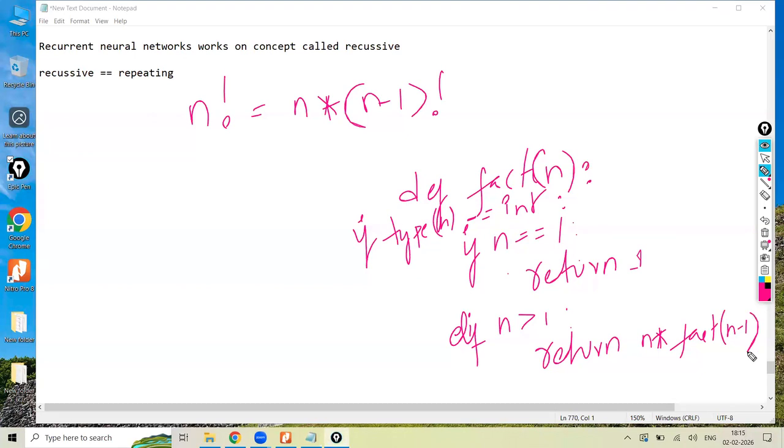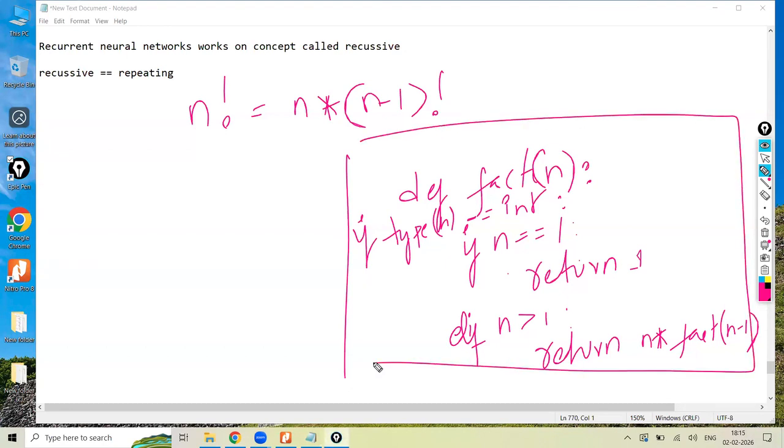Point is clear? Now, when you have created a function like this, assume I ask for fact of 3. Tell me what it is going to return. First it will check that n is int type. Is 3 equal to 1?